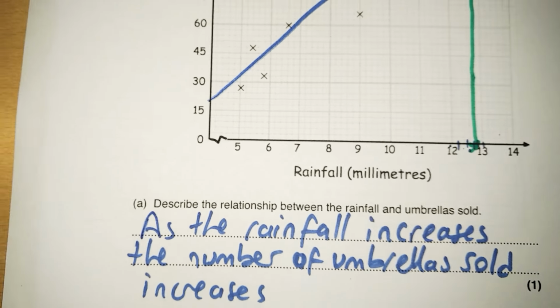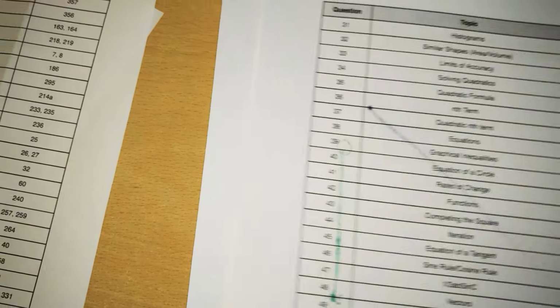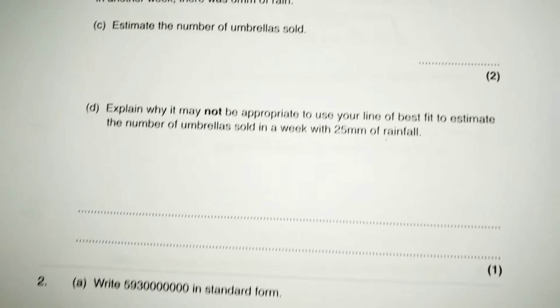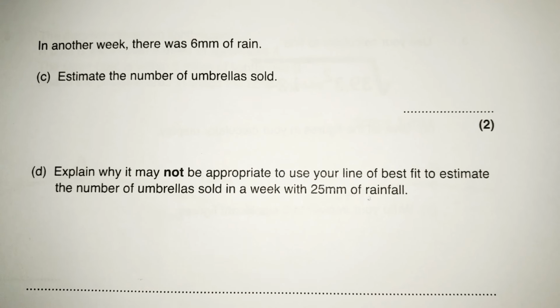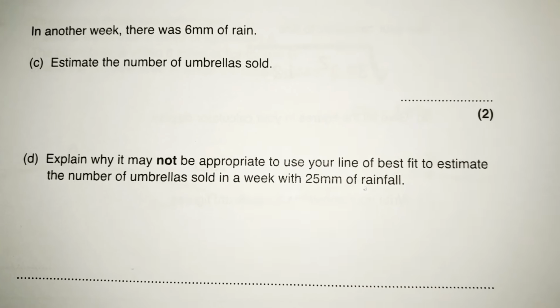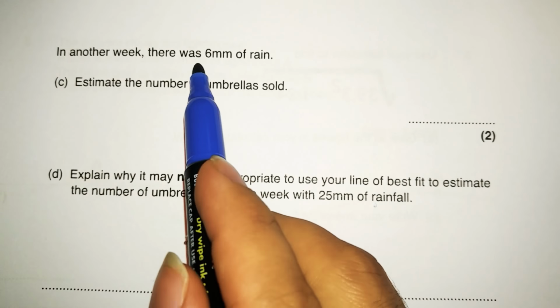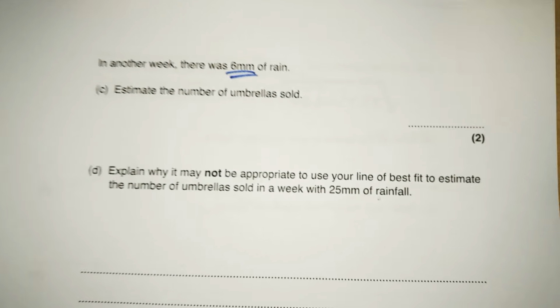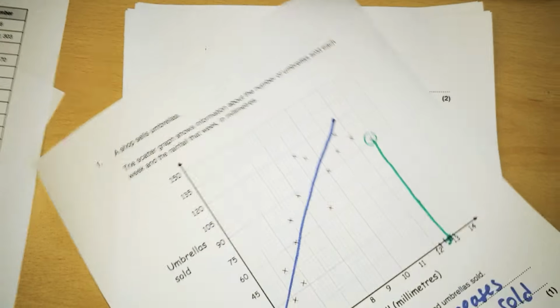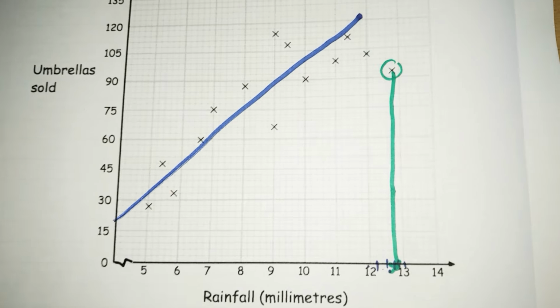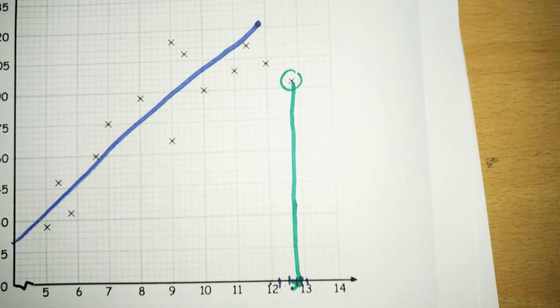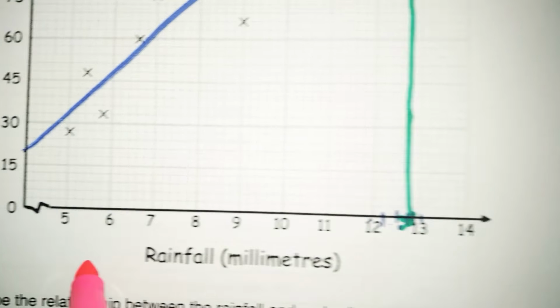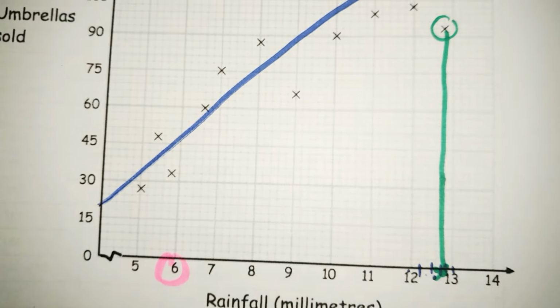The next question is: in another week there was 6 millimeters of rain. Estimate the number of umbrellas sold. Please underline 6 millimeters of rain. You go back here and find 6 millimeters of rainfall, which is around here.